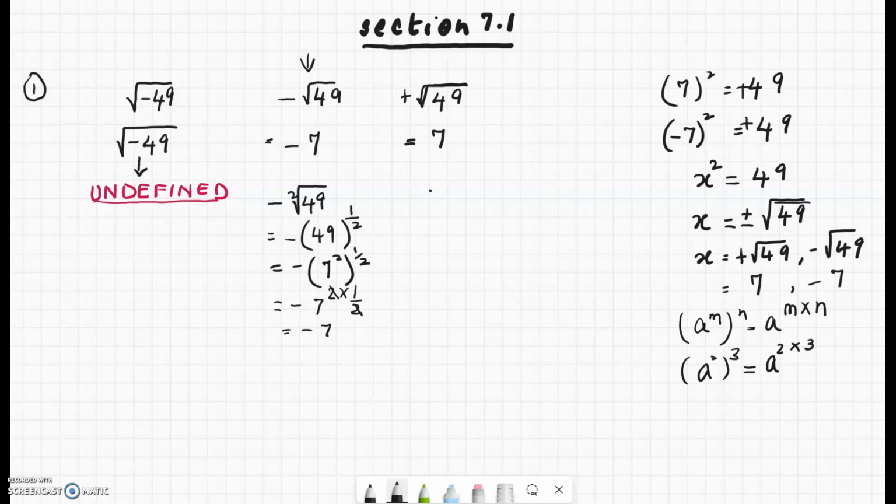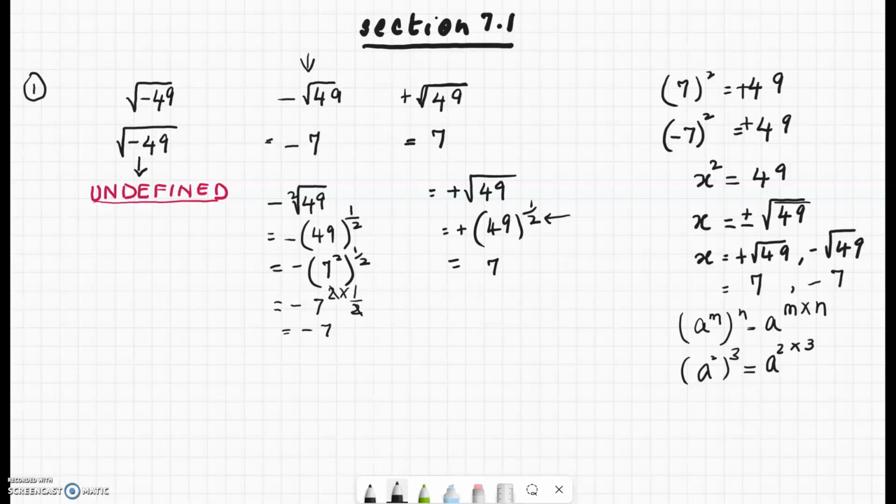The same thing here. Positive square root of 49 is equal to positive 49 to the half. The square root coincides with an exponent to the half.